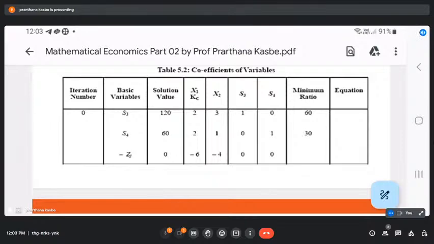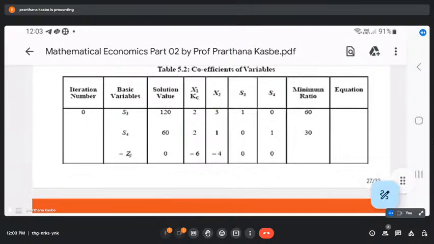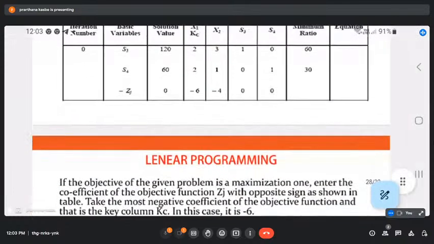Then for S4 the solution value is 60, X1 is 2, X2 is 1, S3 is 0, S4 is 1, and we get 30. Finally, in the Zj row, X1 is minus 6, X2 is minus 4, and S3, S4 are 0.